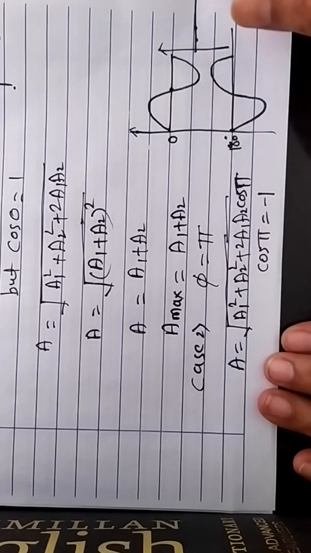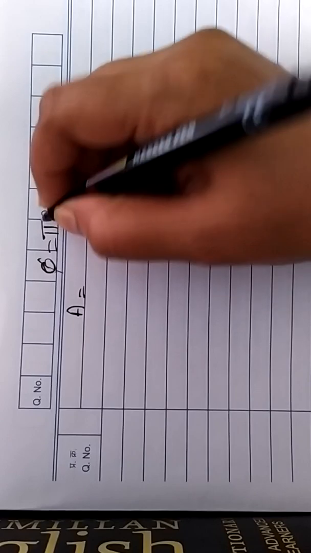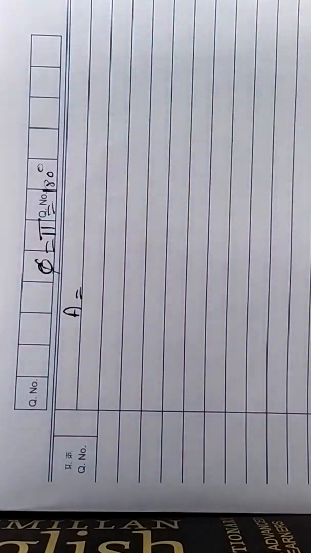When the two waves meet with a phase difference of 0, the waves are in phase. But when the phase difference phi is equal to pi, which means 180 degrees, the two waves are out of phase.